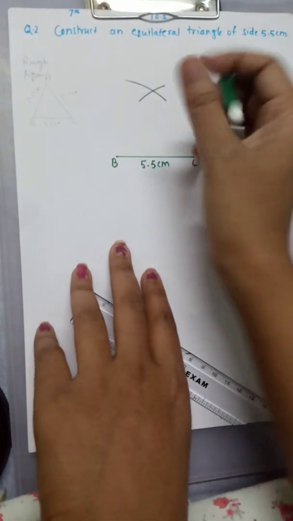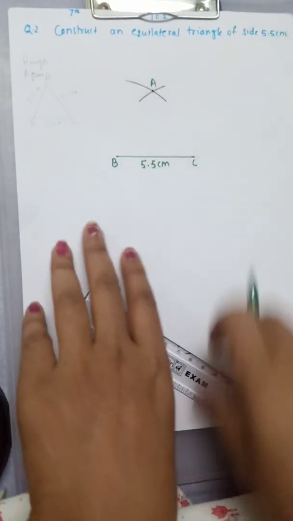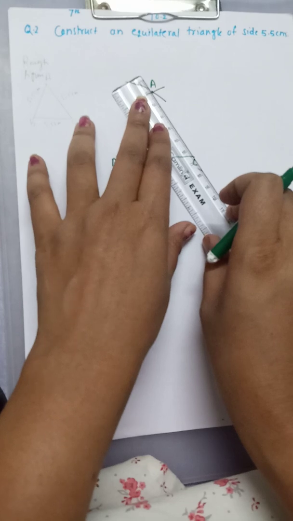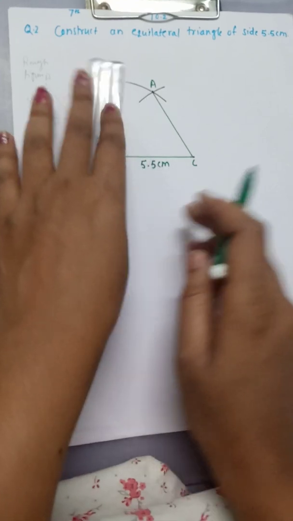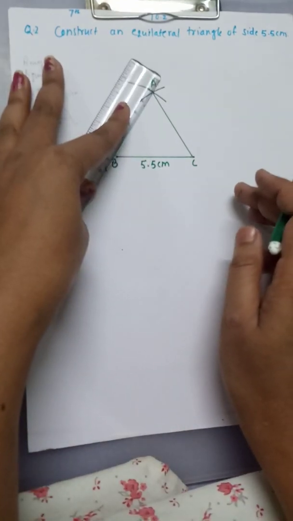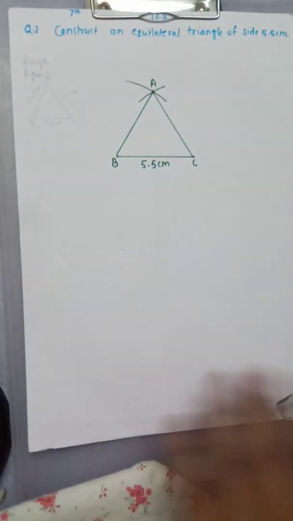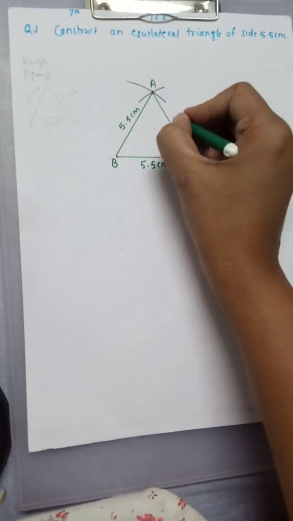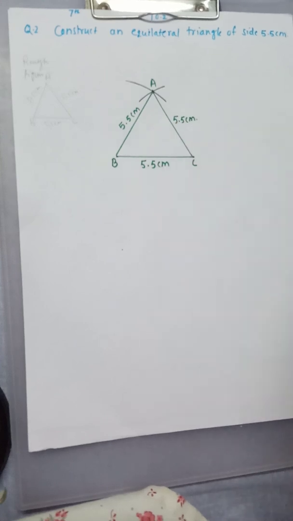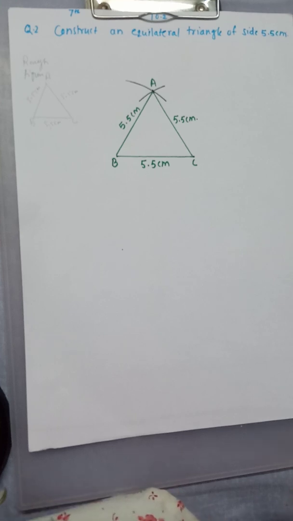Here you will get one intersecting point, which I can name A. From this point A, we will join A and C like this way, then join A and B like this way. Now we can label all lines 5.5 centimeter. Clear? So this is your equilateral triangle with side 5.5 centimeter.